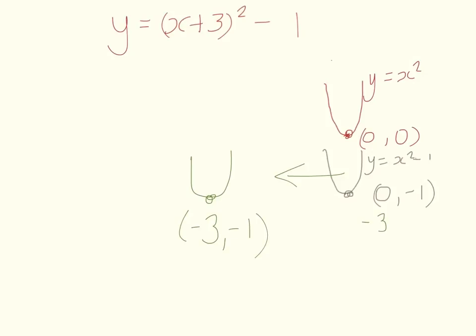You can think about it in terms of what will happen to your regular y equals x squared graph. I know it's going to move down 1, so the turning point would be 0, minus 1, and I know it's going to go 3 to the left, so it's going to be minus 3, minus 1. Or you can remember that the turning point is going to be the constant tagged on at the end, and the negative of the constant within the bracket.